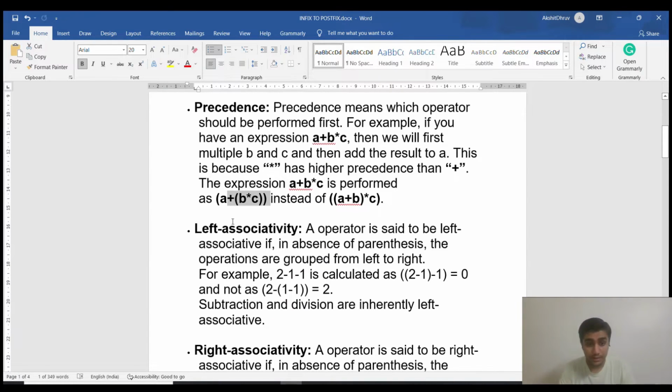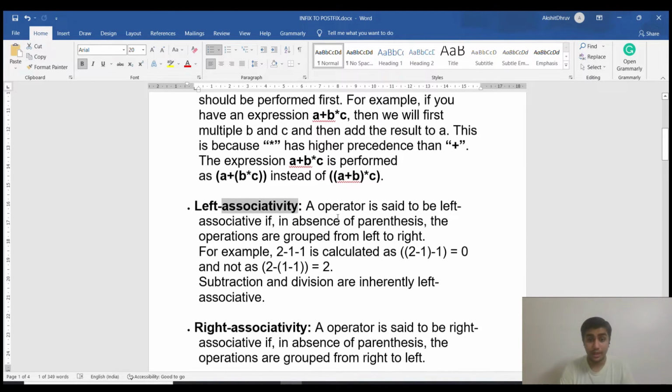Now, what is left associativity? Suppose in the absence of parentheses, we consider 2 minus 1 minus 1, right? We simply know that if we subtract 1 from 2, then it will be 1. And again, if we subtract 1, we get the answer 0. But what happens if we first do the right parentheses?